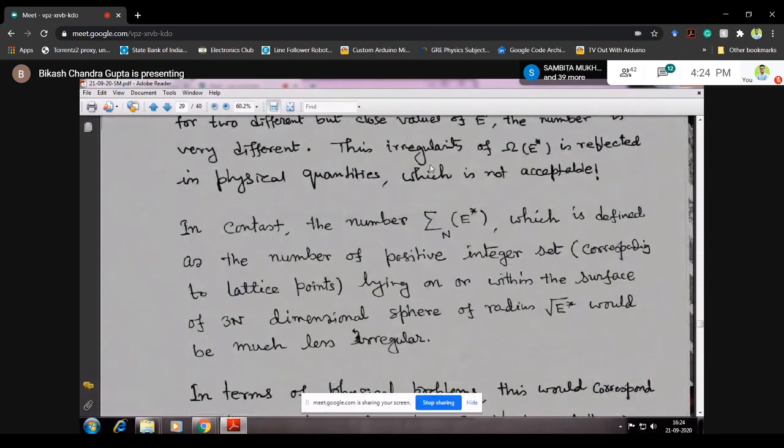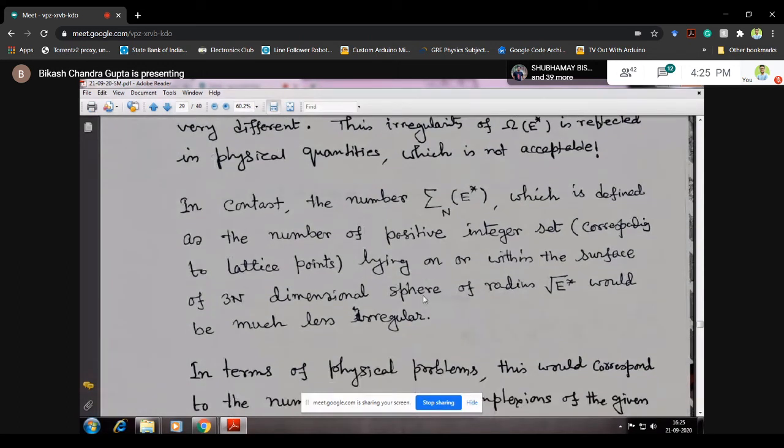এখানেও তুমি যখন সারফেসে কাউন্ট করছো নাম্বার অফ স্টেটস ফর ফিক্সড এনার্জি, দেন দ্যাট quantity is very irregular with respect to E, but when you calculate the total, from 0 to E, then you see the quantity is much less irregular.